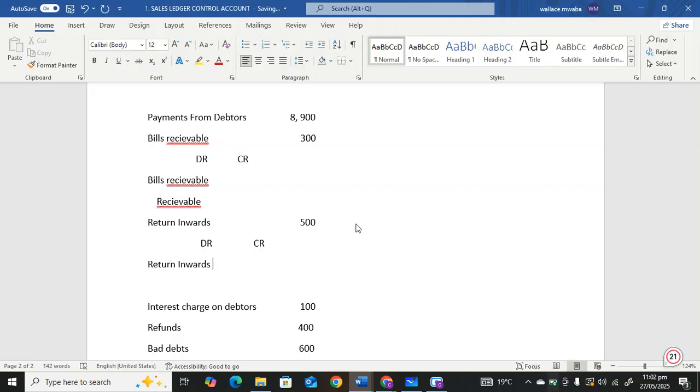It reduces your revenue, okay? So you debit return inwards. Since the person was owing you, now they've brought back some goods, it means the amount that they were owing you reduces.